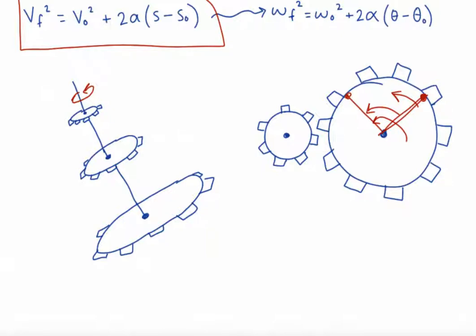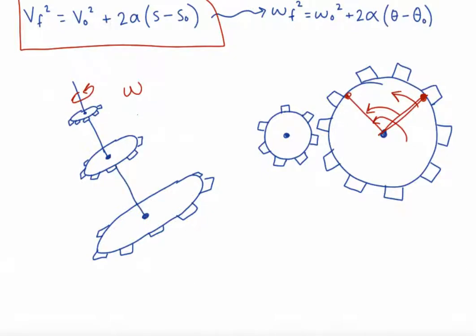All of them are going to be spinning counterclockwise, and these concentric gears are going to have the same angular velocity, and also the same angular acceleration. All these concentric gears have the same angular motion.